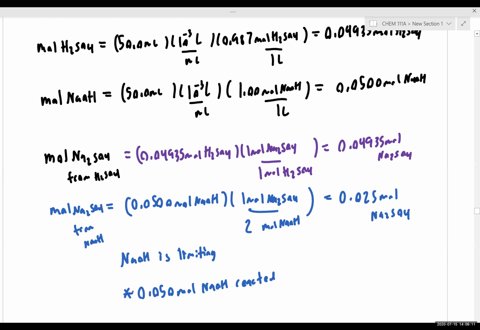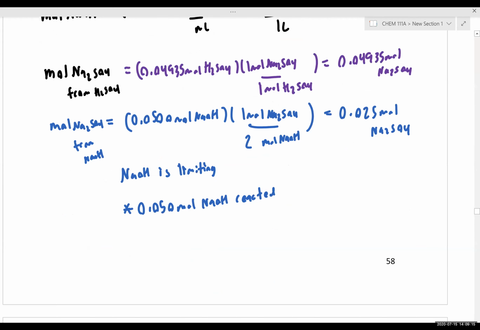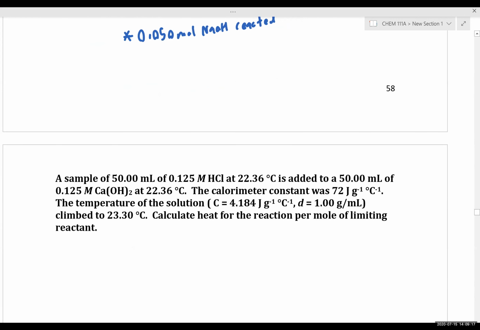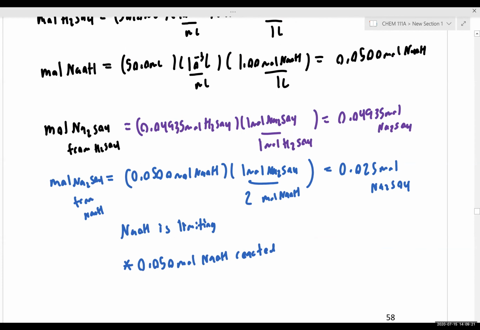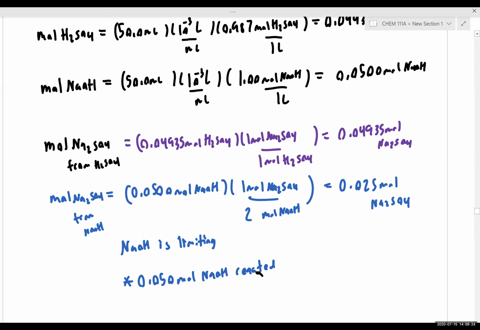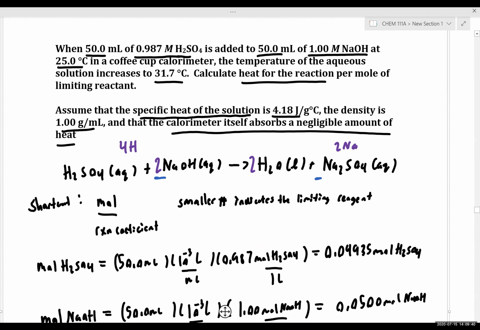Okay, so now that we have that out of the way, we're ready to begin addressing the rest of this problem. Now that we know that sodium hydroxide is limiting and we have 0.050 moles of sodium hydroxide reacted, let's read off the rest of the data from the problem.